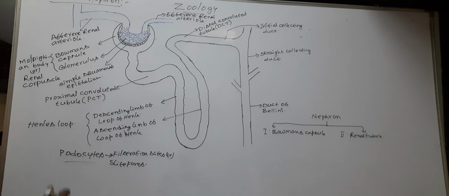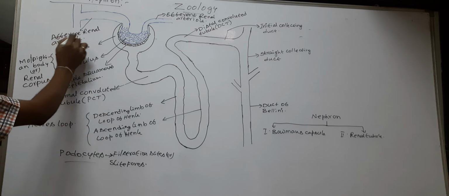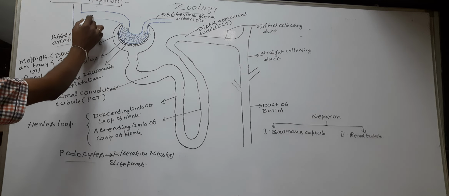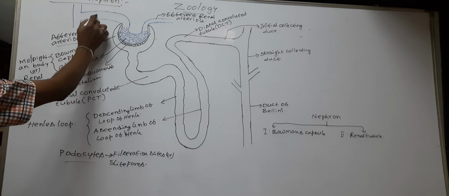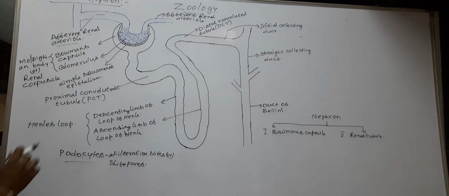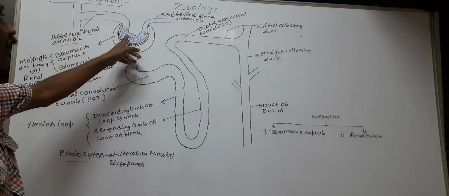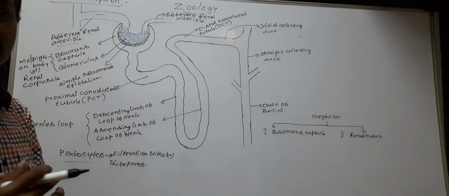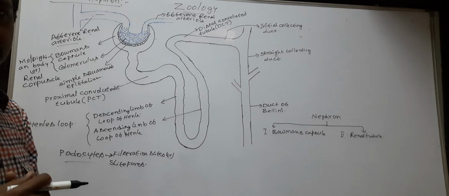Next, an afferent renal arteriole enters into Bowman's capsule, which divides into small blood capillaries.